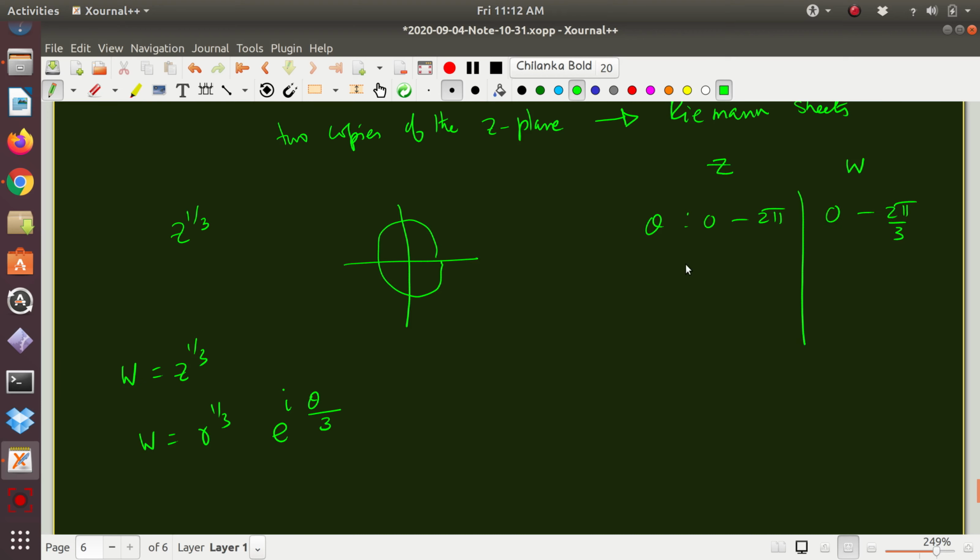If theta goes from 2 pi to 4 pi, then in the w plane it will be 2 pi by 3 to 4 pi by 3. If it goes the third round, 4 pi to 6 pi, here it will go from 4 pi by 3 to 6 pi by 3, which is now 2 pi. So in order to span the entire w plane, you need to go around the z plane 3 times, or you need to have 3 Riemann sheets.